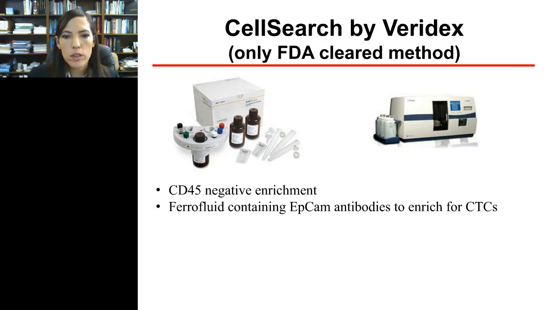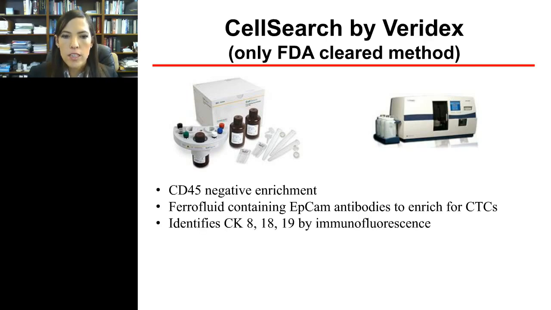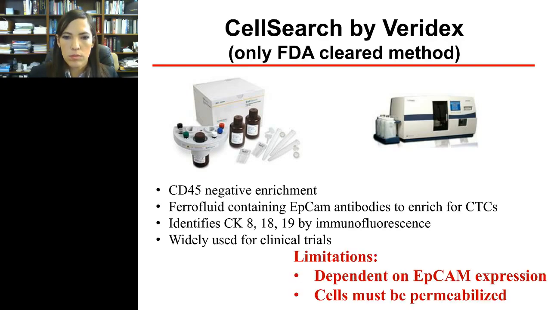So they're capturing only those CTCs that have that EpCAM marker, so those CTCs that are epithelial in nature. They then identify that circulating tumor cell is in fact a CTC by staining for cytokeratin 8, 18, or 19. This process is highly automated, and it's the most widely used method for clinical trials.